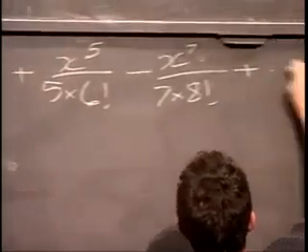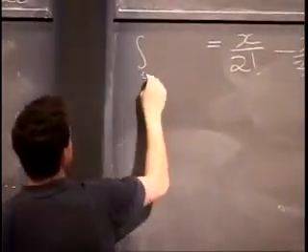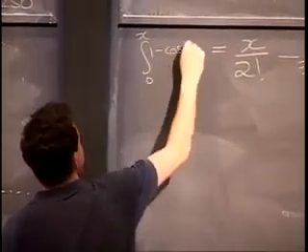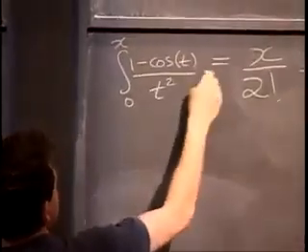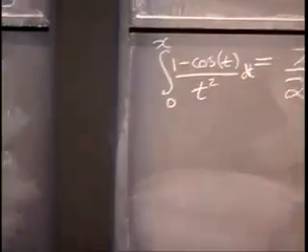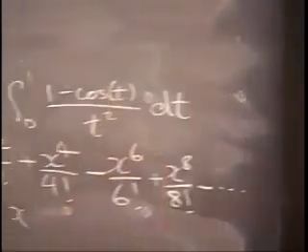It's not clear that this is true for every x, but it turns out that it is. So what is this equation? This is, miraculously, an infinite series for this integral for any x. We have taken this rather improbable object, this messy thing, and expressed it as a series.